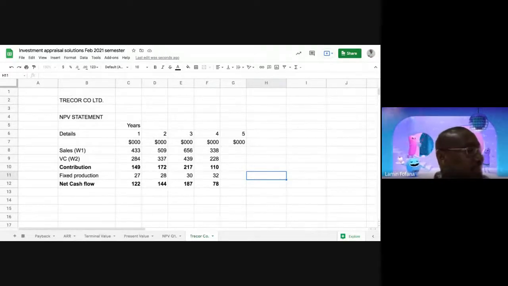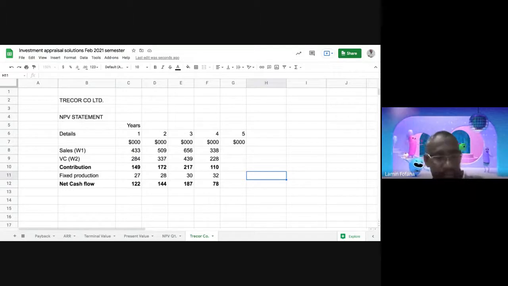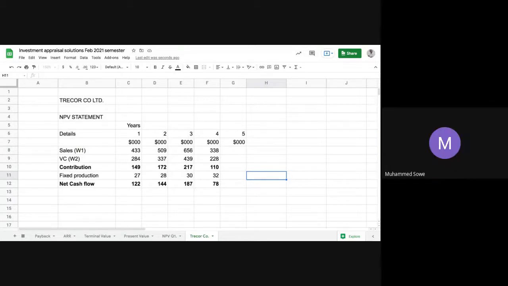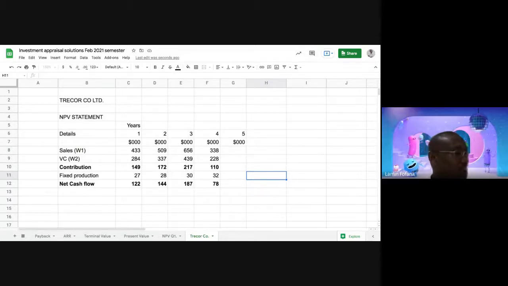Right. So, are we done with our cash flows? Is there anything else that needs to come? Yes. Tax needs to come, and also the disposal proceeds. They are all going to involve cash flows.